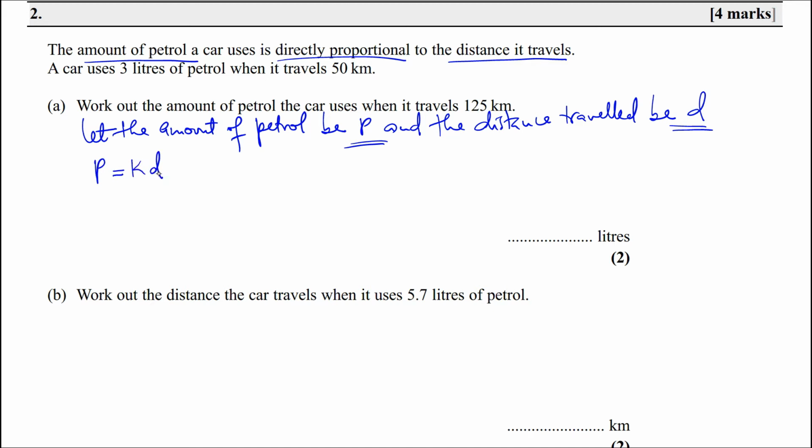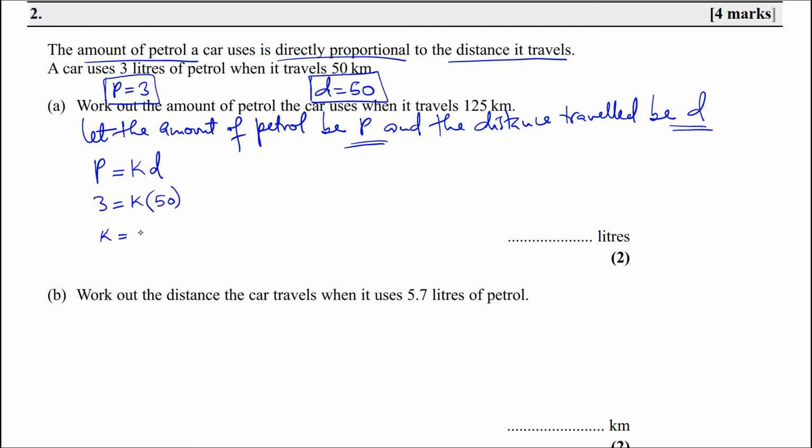And now we need to find the amount of the petrol. So to find the amount, we need to find the value of K. And we know that here, when P is equal to 3, D is equal to 50. So we can use these two conditions to work out the value of K by substituting these points in this equation. So we'll have 3 is equal to K multiplied by 50.